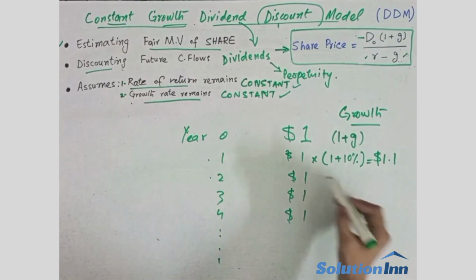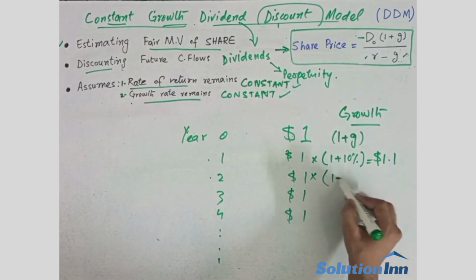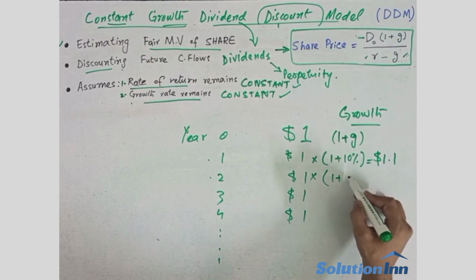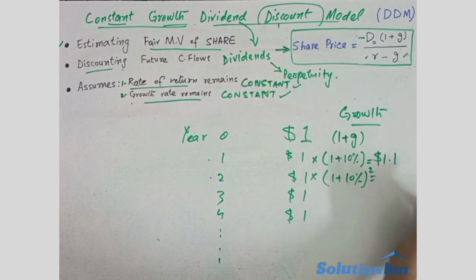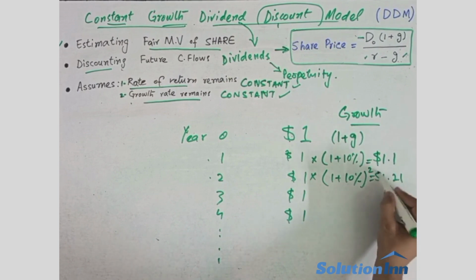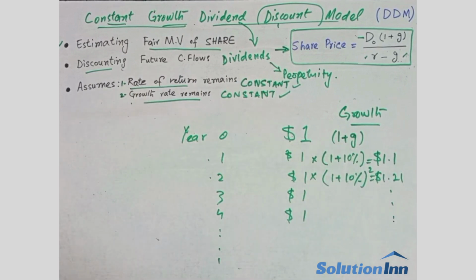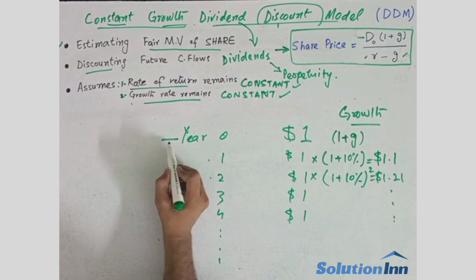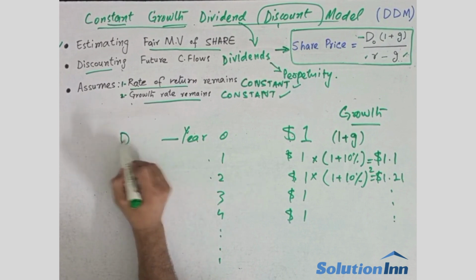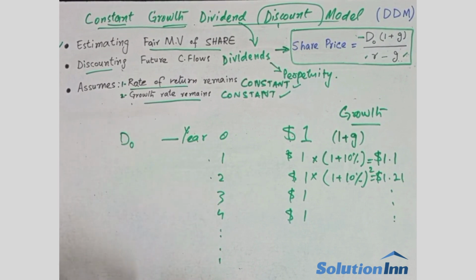So in year 2, we will multiply this by (1 plus 10%) twice. This will be $1.21, and so on. So in year 0, we call the dividend that has recently been paid D0.